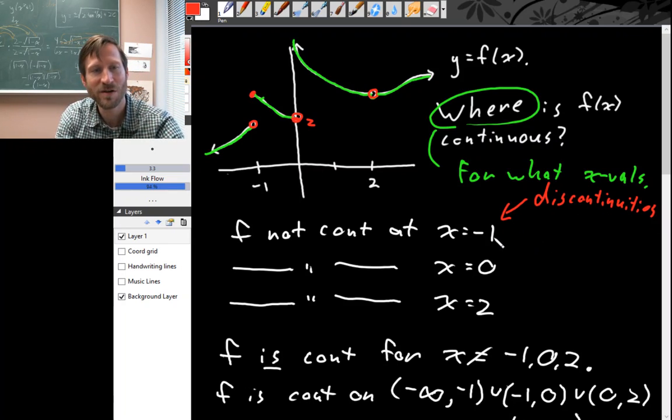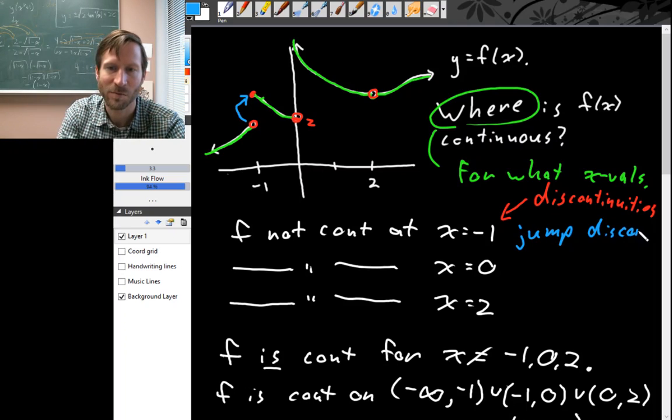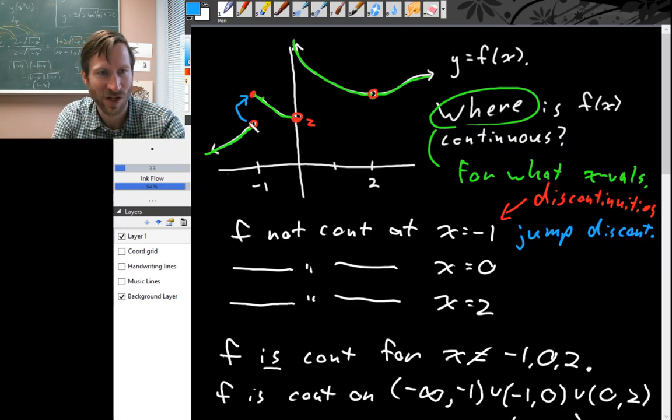So the discontinuity at -1, if you look at why there's a break in the graph here, it's because the graph jumps from one value to another. And so this kind of discontinuity we call a jump discontinuity. I'll abbreviate discontinuity by discont. All right, so that's a jump discontinuity when the graph just jumps from one height to another.